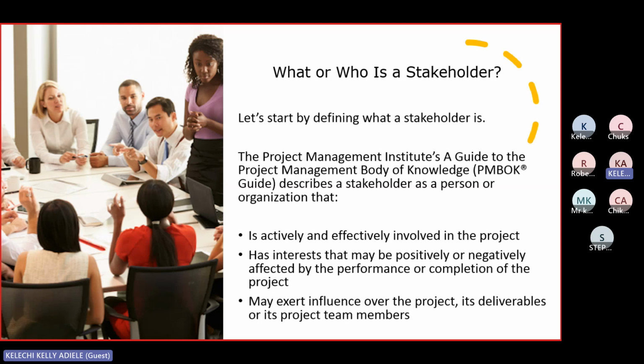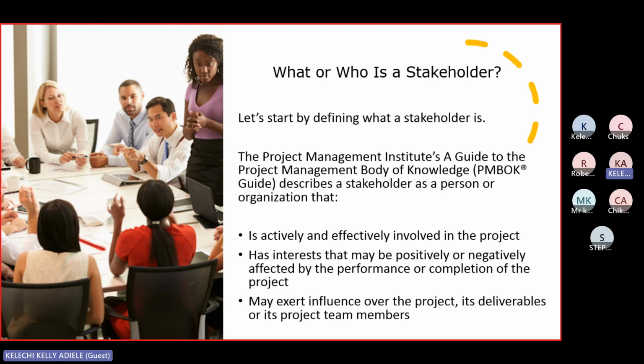Number two, a stakeholder has interest that may be positively or negatively affected by the performance or completion of that project. So a stakeholder is somebody for whom the success or failure of that project will affect him in one or two ways. So he has interest.